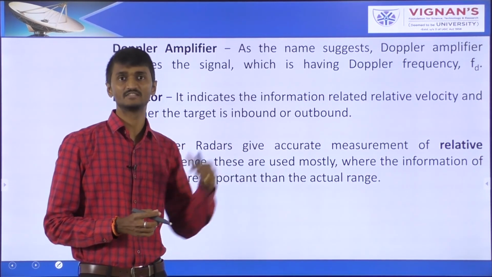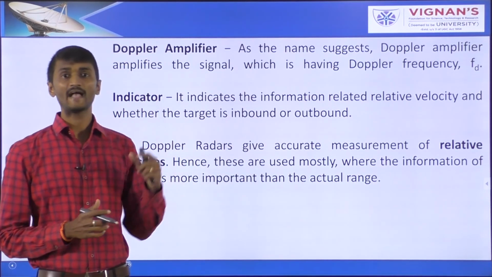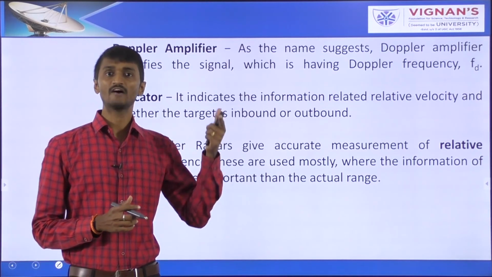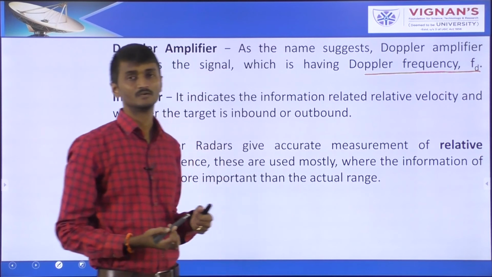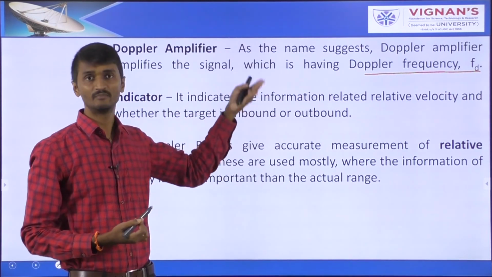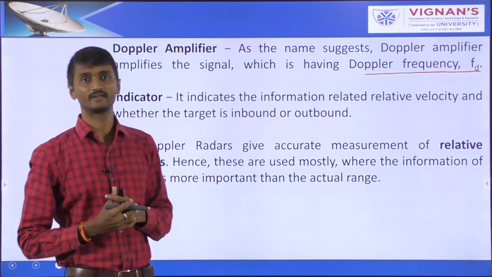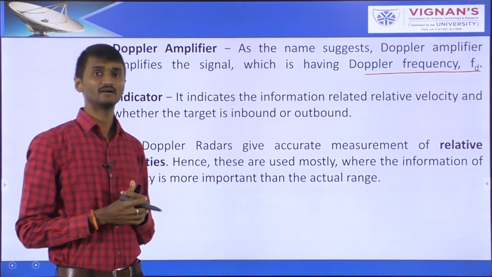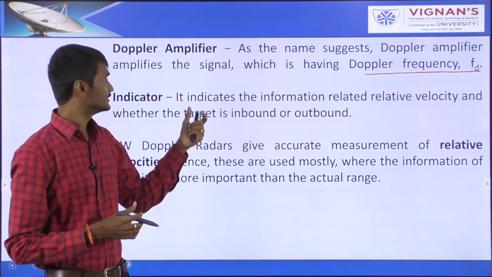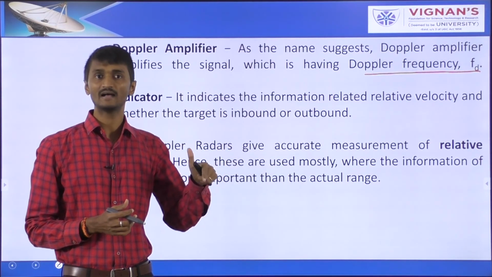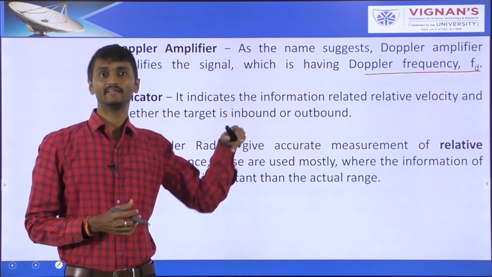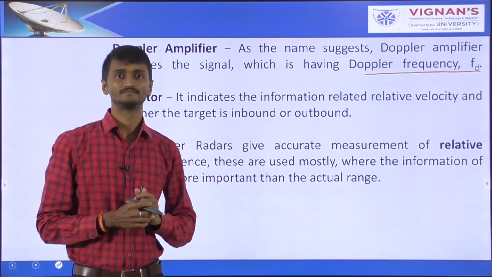As the name suggests, the Doppler amplifier amplifies the signal having the Doppler frequency FD after separation. Next section is the indicator. It indicates the information related to relative velocity and whether the target is inbound or outbound.